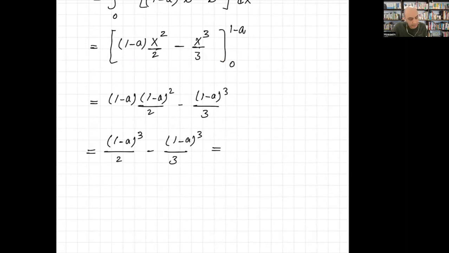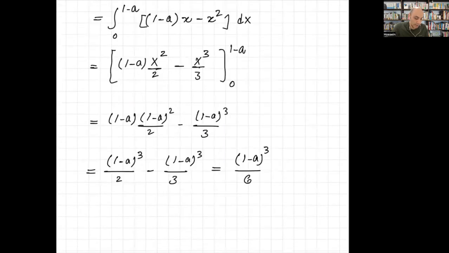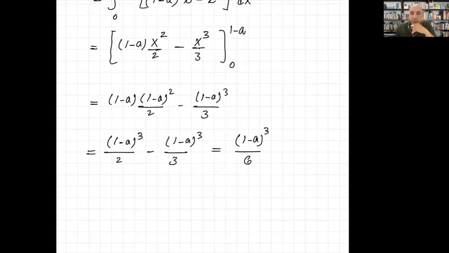And then if you do this subtraction, you get 1 minus a cubed divided by 6. Okay, this is A1 in terms of small a, which is the slope of the straight line.